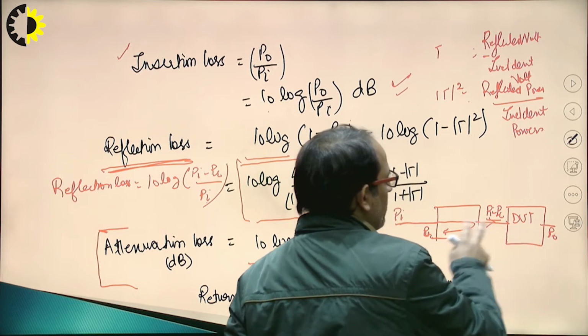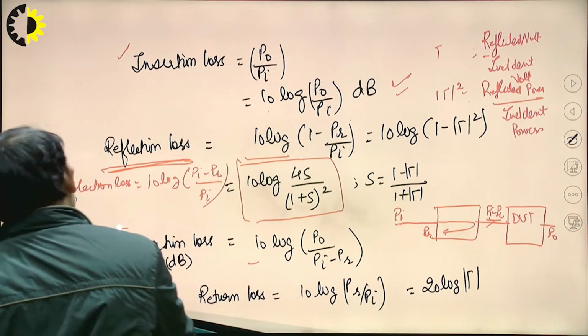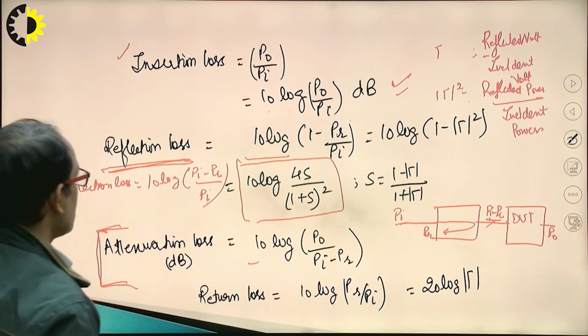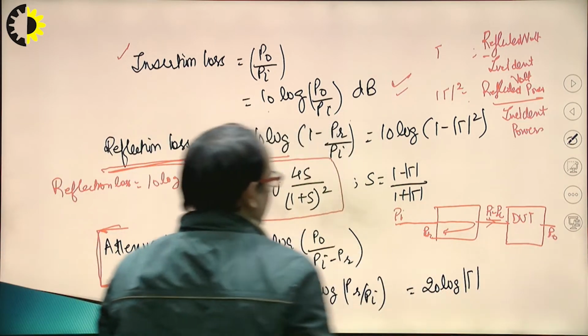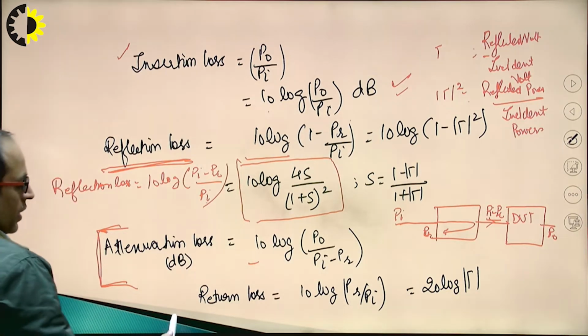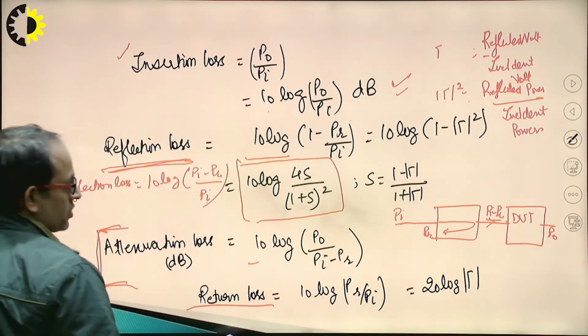The ratio PO to Pi minus PR defines the attenuation loss, and insertion loss is directly PO upon Pi.